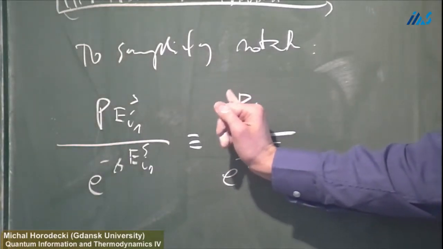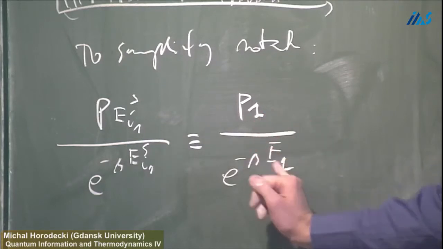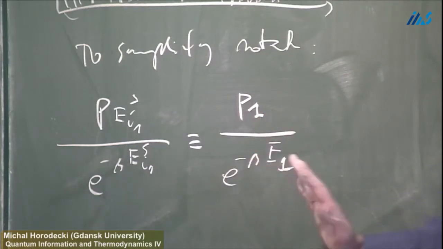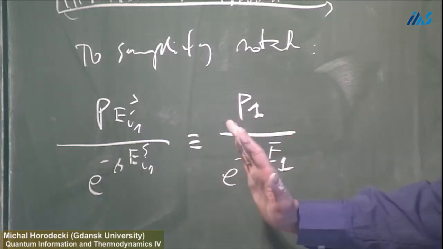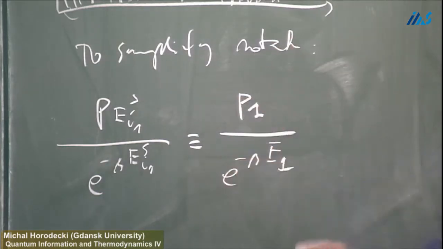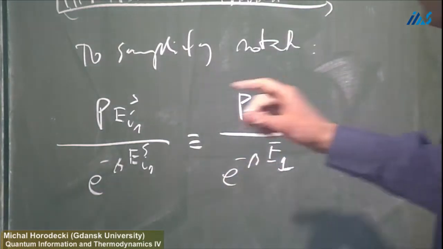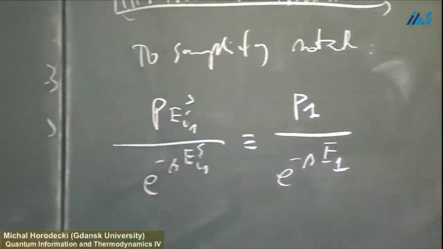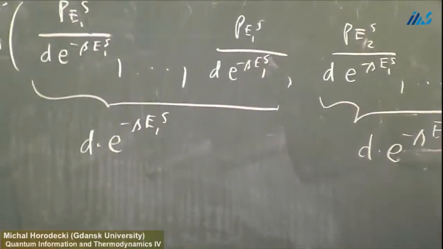Let me repeat. Neither Pi's are ordered nor energies are ordered. So E1 doesn't mean that the energy is largest. P1 does not mean the probability is largest. What it means is that this ratio is largest, because here we order these probabilities, not just these things. Good.